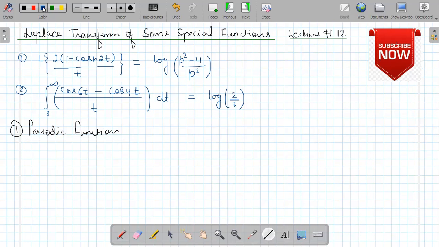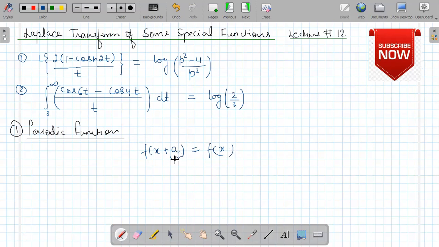That means a function f is said to be periodic if for some non-zero constant a, f of x plus a has the same value as f of x, meaning after this a the function is repeating its value.